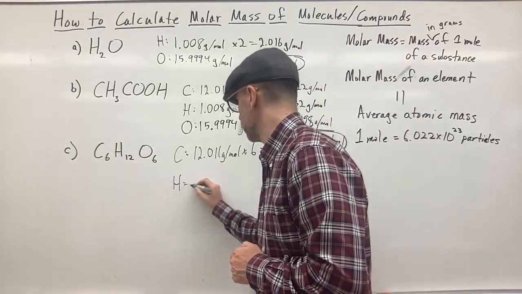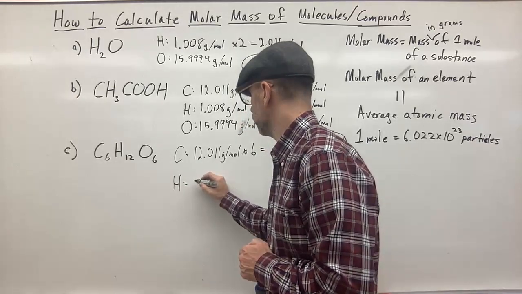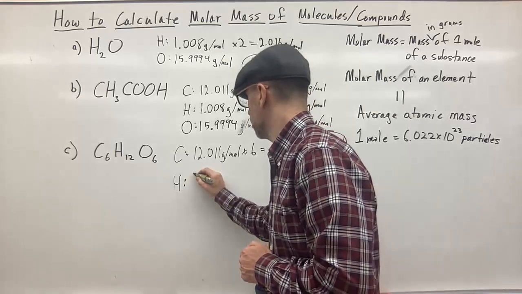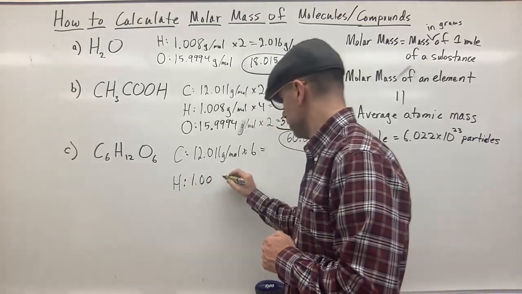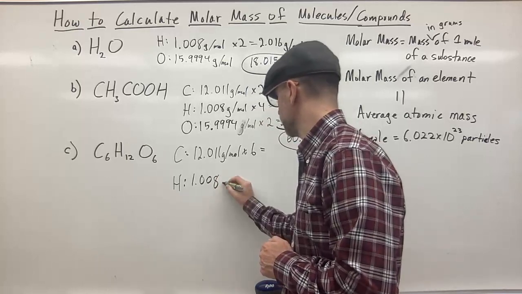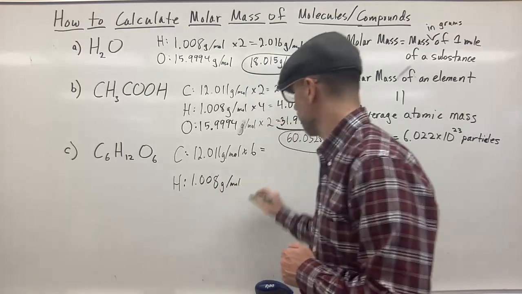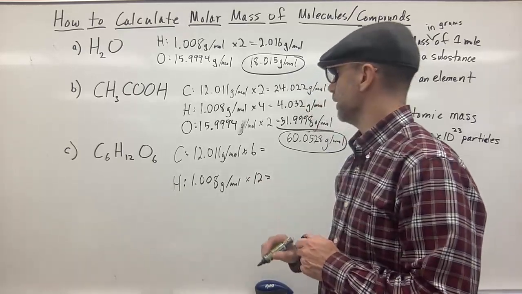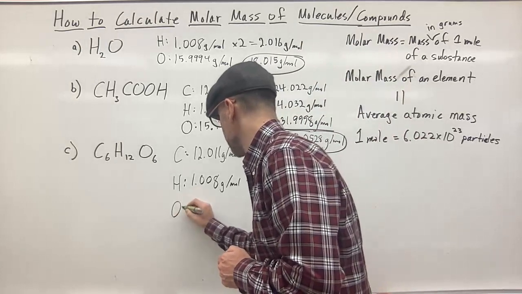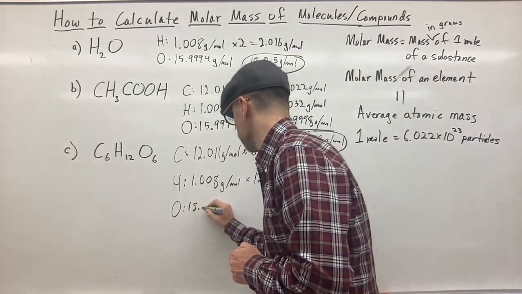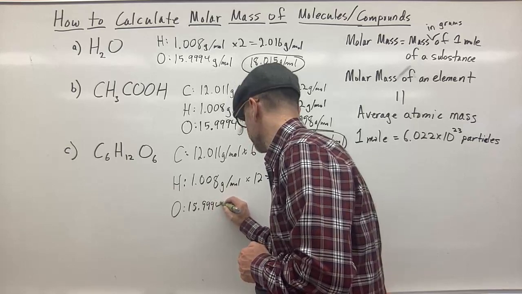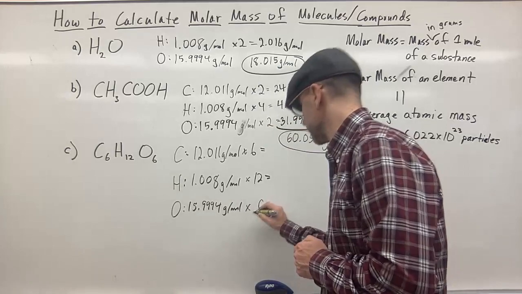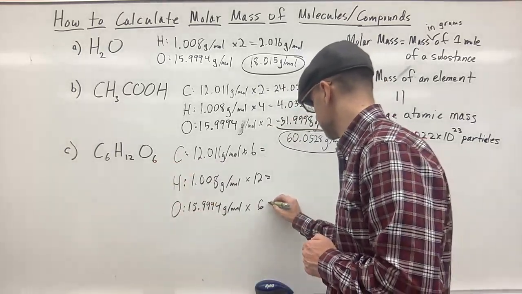Again, hydrogen is 1.008 grams per mole times 12, because I have 12 hydrogens. And then I have 6 oxygen, so oxygen again is going to be 15.9994 grams per mole. I'm going to multiply that by 6 since I have 6 oxygens.